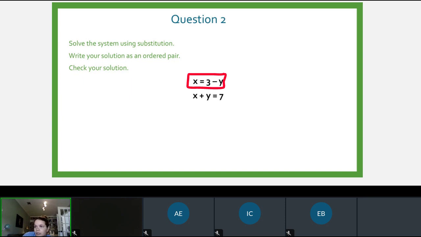Now I'm going to rewrite this bottom equation, but instead I'm going to plug in 3 minus y for x. So I'm going to say 3 minus y plus y equals 7. Anybody confused on how I got that? It's totally okay if you are. I just want to be able to explain it.